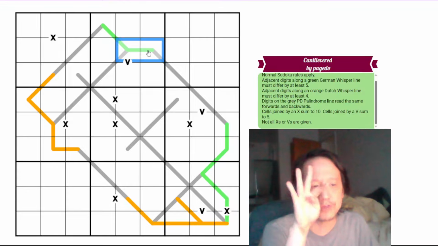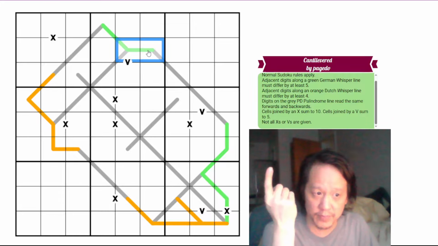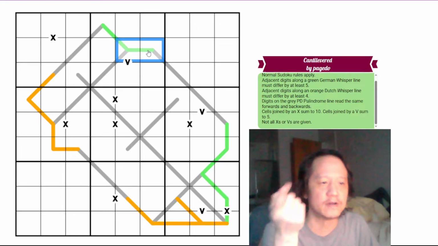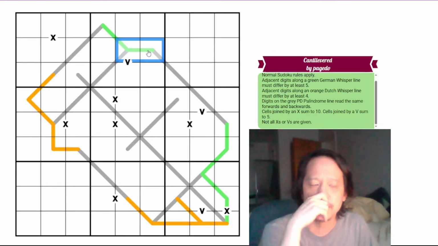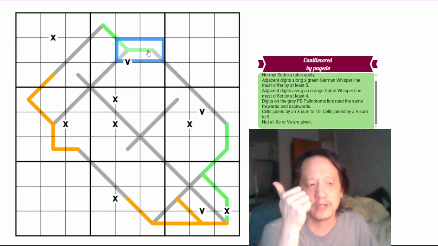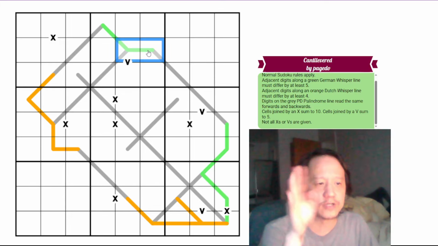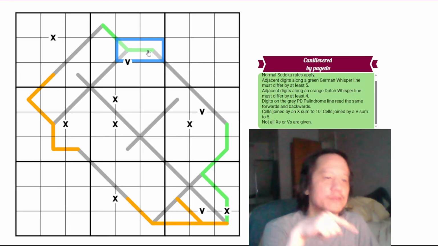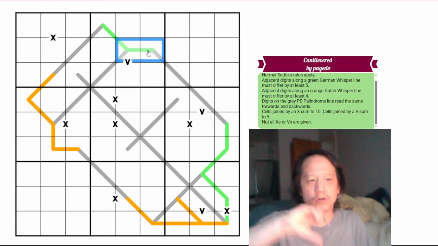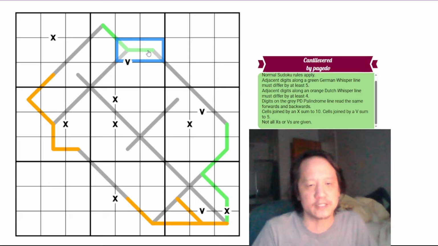So next to 1 through 4, you always have a digit from 6 through 9, which is a high digit. And same thing vice versa. What digits can be next to 6 through 9? 6 can be next to 1, 7 can be next to 1 or 2, 8 can be next to 1 through 3, and 9 can be next to 1 through 4. So next to a high digit, you'll always have a 1 through 4, which is a low digit. So you always alternate between low digits and high digits.